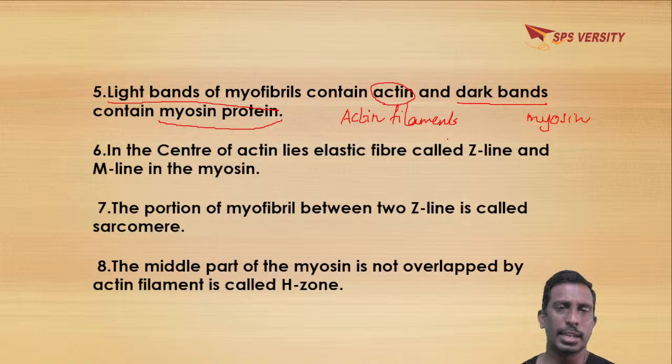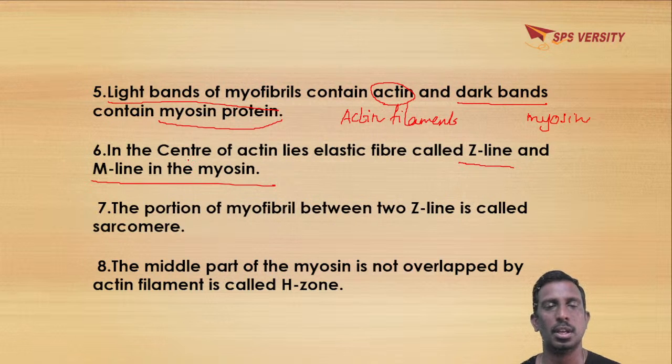So these actin and myosin filaments are arranged in a systematic way. If you take a muscle fiber, the center of the actin filaments, which lies in an elastic fiber, is called the Z line. And the center of the myosin filaments is the M line.